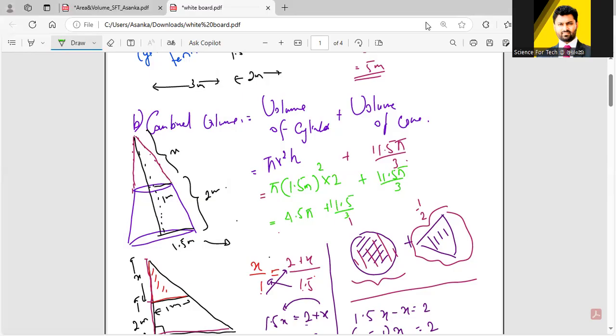Okay, I will get the final answer. It is 25.65 cubic meters.